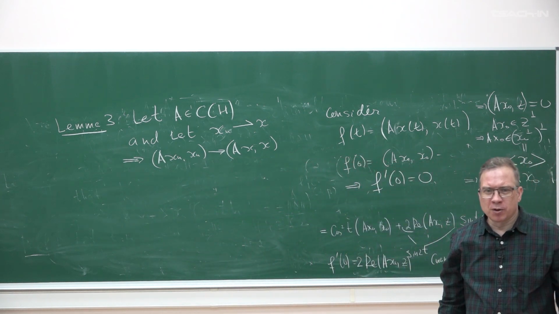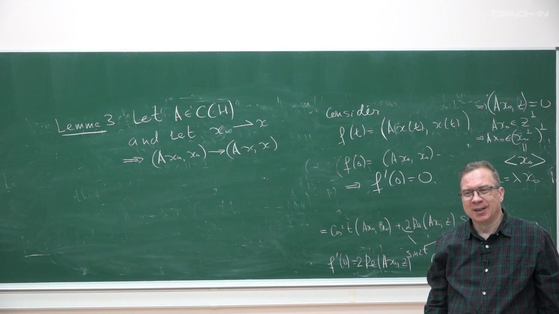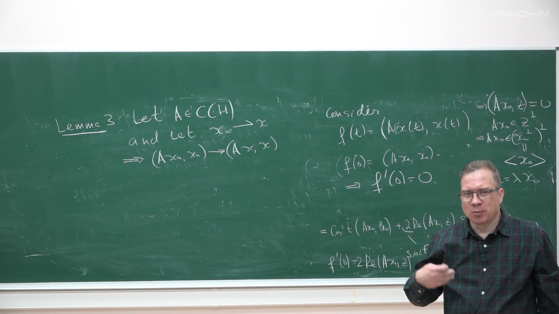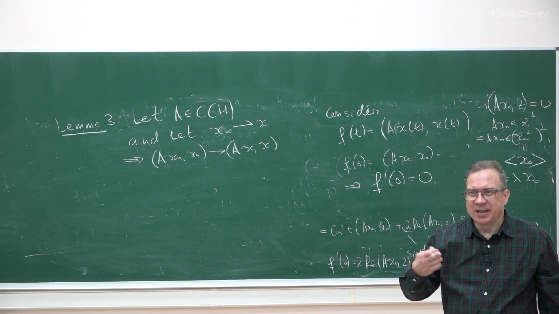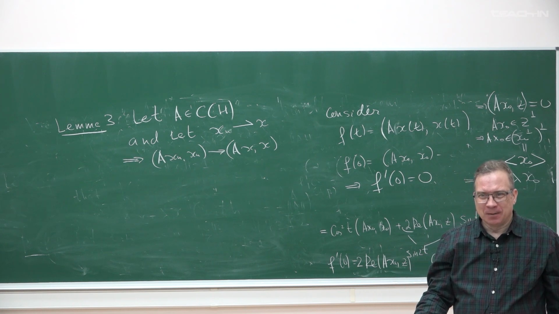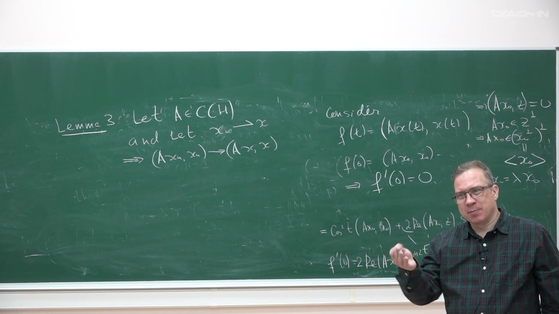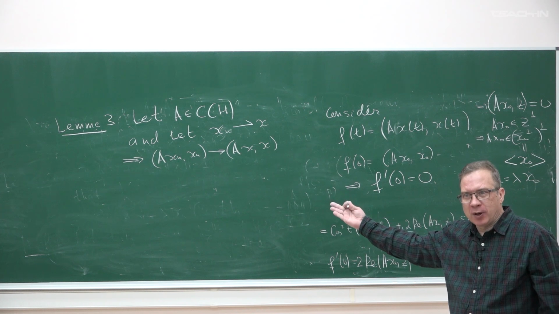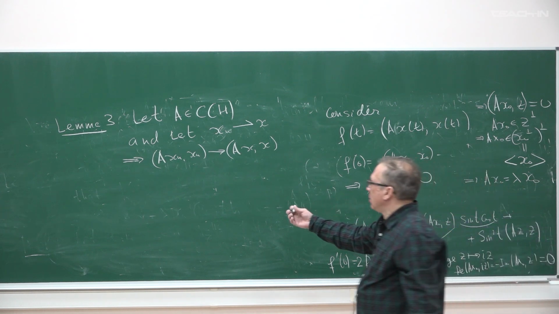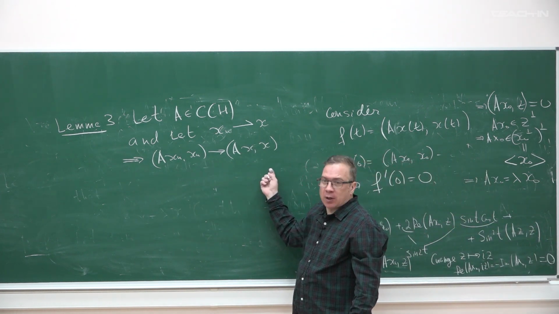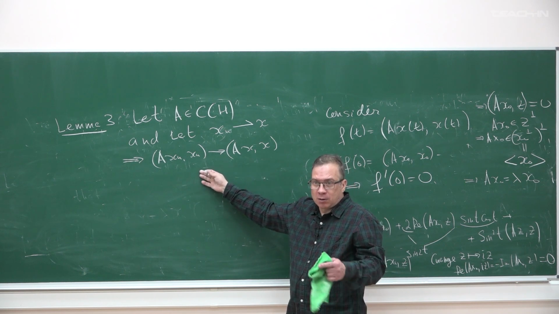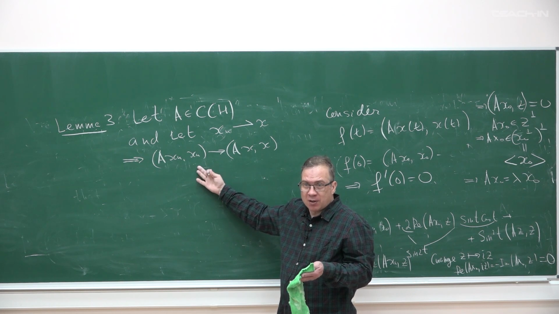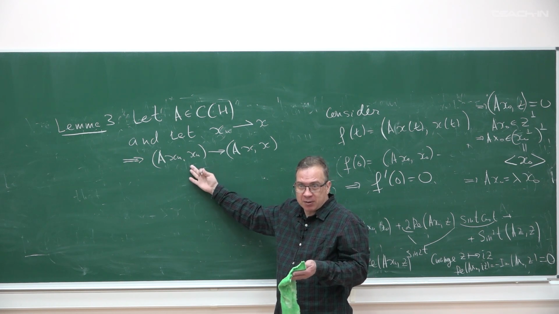How can you say it in terms of continuous functions? The quadratic form of a compact operator is a weakly continuous function in the convergence sense. It's not in epsilon-delta terms, but in the convergence sense, it is a weakly continuous function. If it is weakly convergent, then we have usual convergence of number-valued functions, it's numbers.